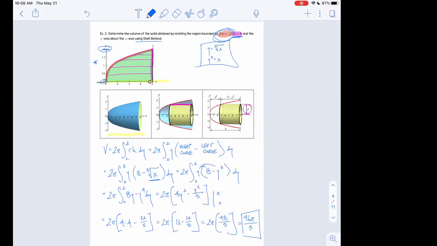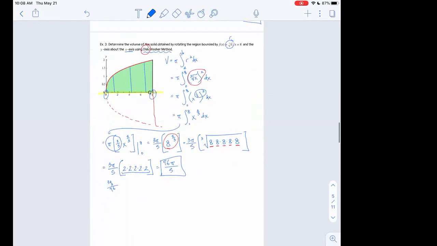All right. Anyone have any thoughts on what makes example 2 easier or example 3 easier? What are some pros and cons that we see? With the disk and washer method, we're only using one variable, like r squared.